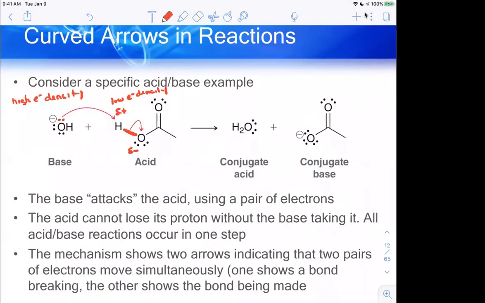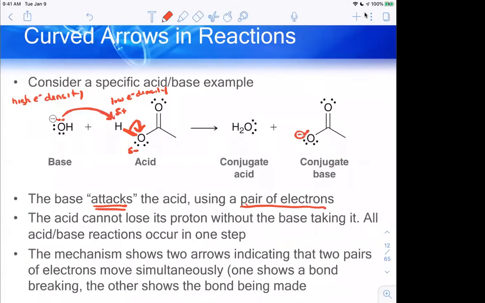The base is attacking the acid. That's represented by the arrow. That pair of electrons is attacking the acid. These electrons, so that's forming the new bond. This lone pair to this hydrogen is forming the new bond. This bond is breaking and those electrons end up on the oxygen, forming a negative charge.